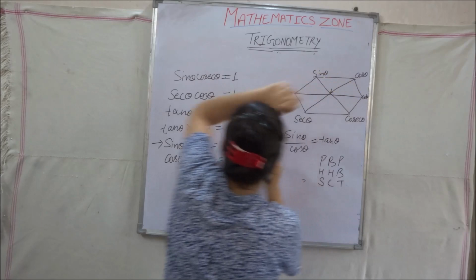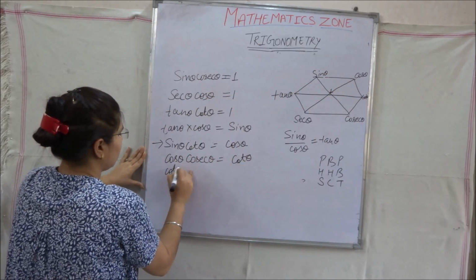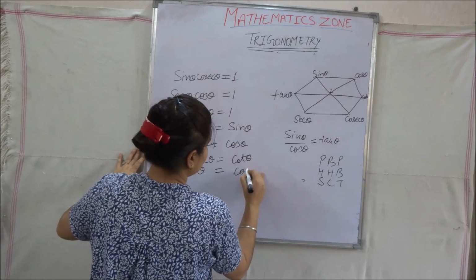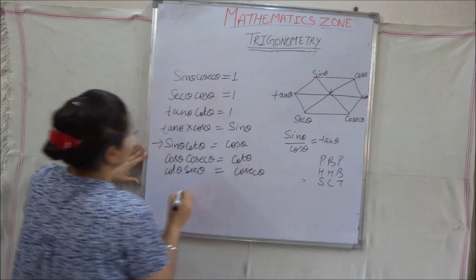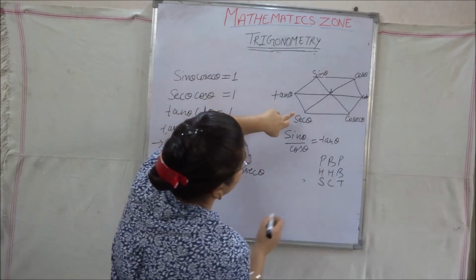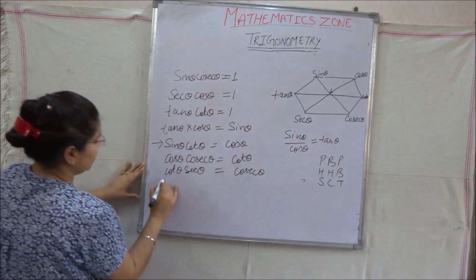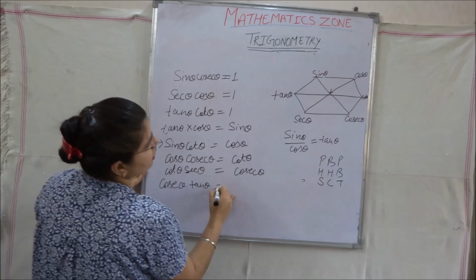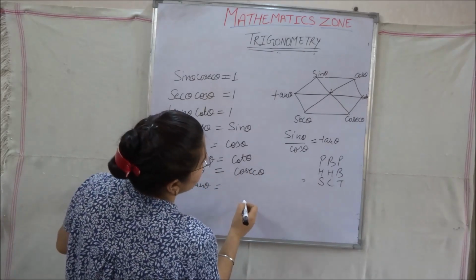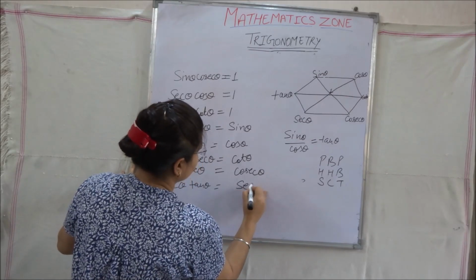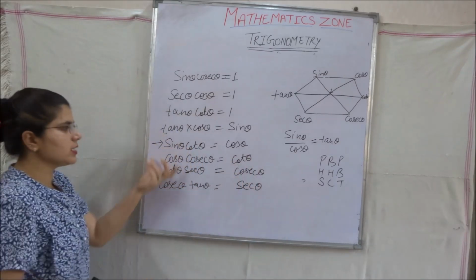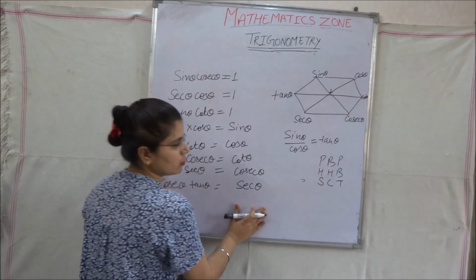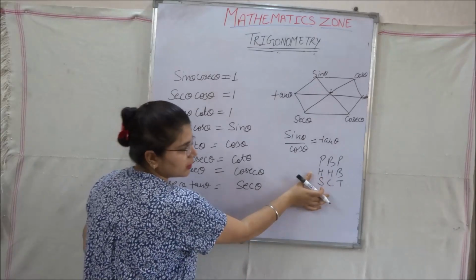And cot theta into secant theta will be equal to cosec theta. Now cosec theta into tan theta will be equal to secant theta. So if you want to check whether the left hand side is equal to the right hand side, we can use this.